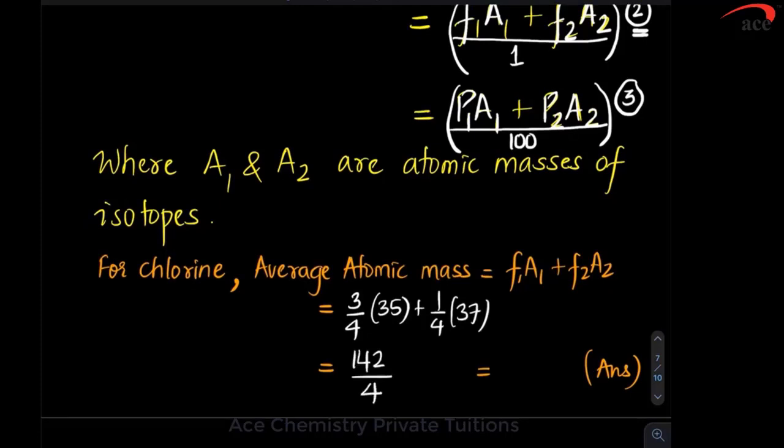If you solve, 142 divided by 4, that is 35.5. And if you remember, in mole concept and stoichiometry, we took an average atomic mass of 35.5 for calculation purposes.